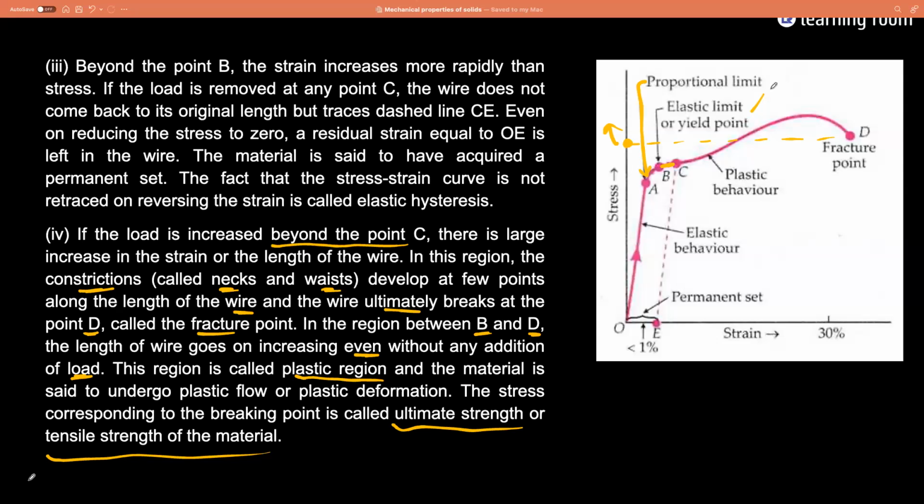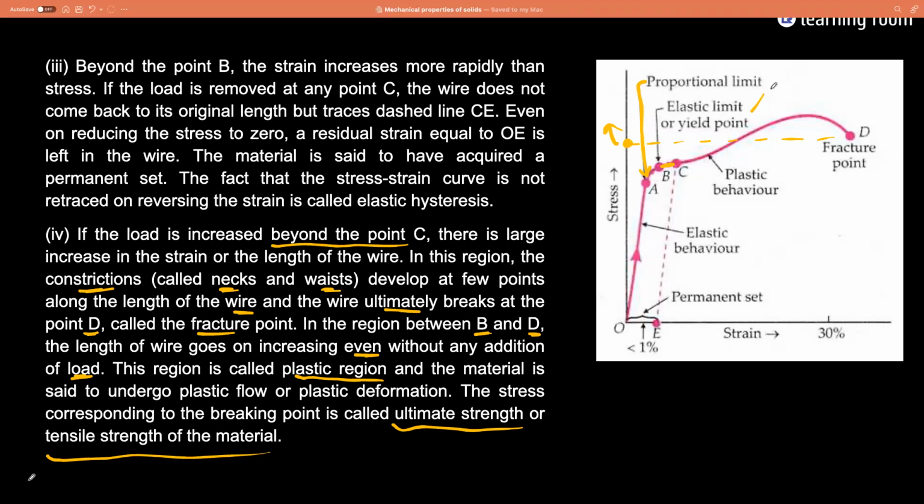Often this question is asked for 3 marks, where you will be asked to draw the stress strain graph and explain each point. Will you be able to do it? Not many derivations in this, mostly definitions. There is only one derivation, which will be on potential energy. Shall I proceed? See, only till point B is my elastic property found.